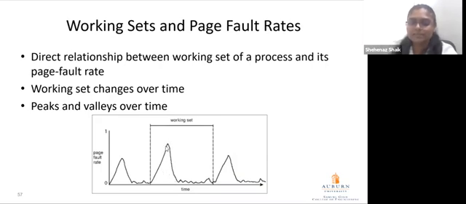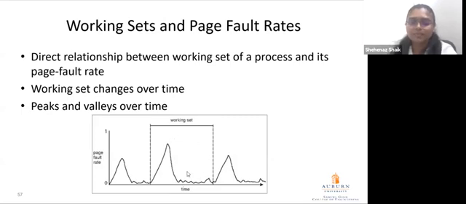Once it has the entire set of pages required as part of that locality, if we can accommodate the entire locality at that point in time, then the number of page faults would be minimal because the process already has all the required pages loaded in memory.